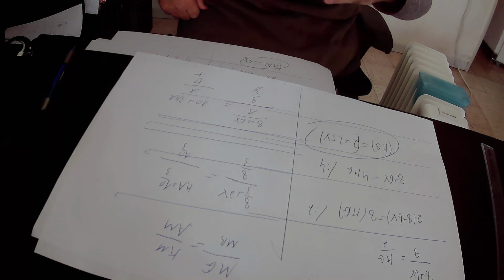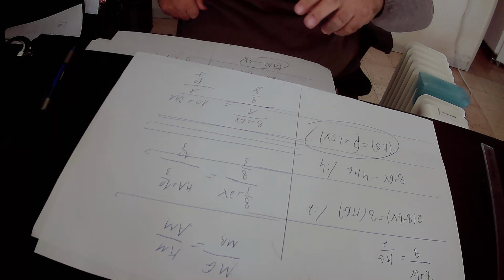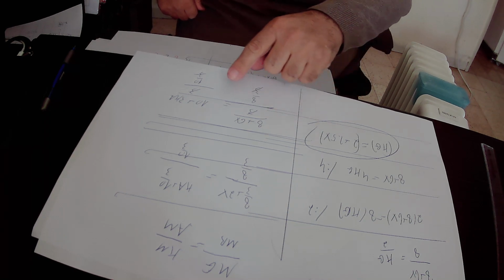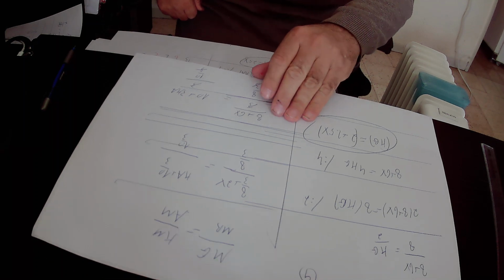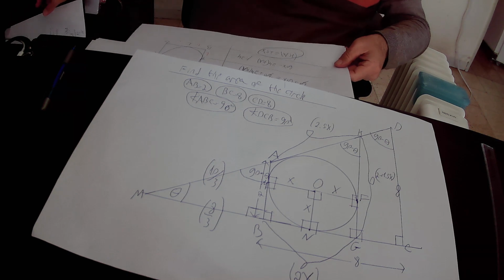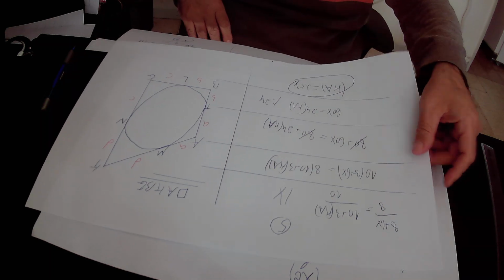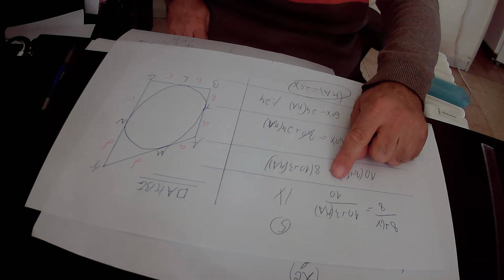So what is left after we cancelled 3 on both sides? Here we have 8 plus 6x over 8 equals 10 plus 3KA over 10.